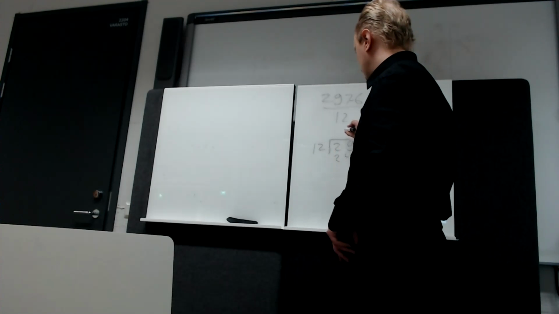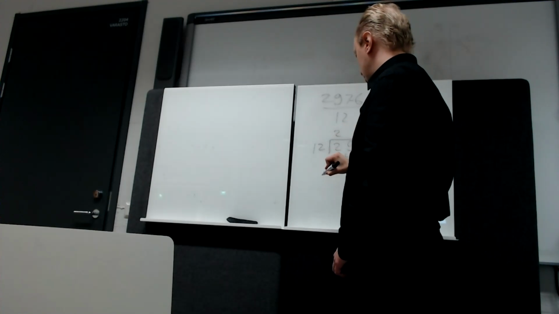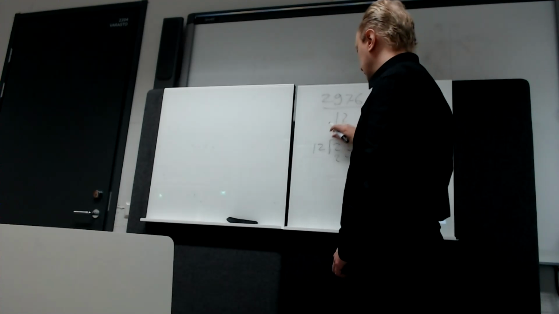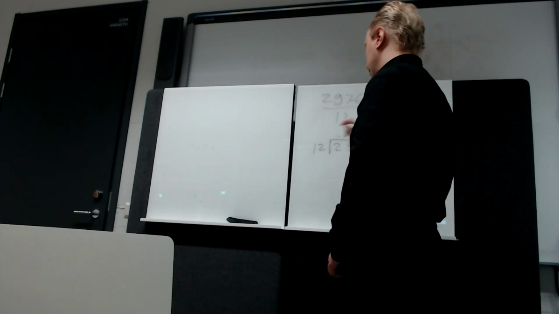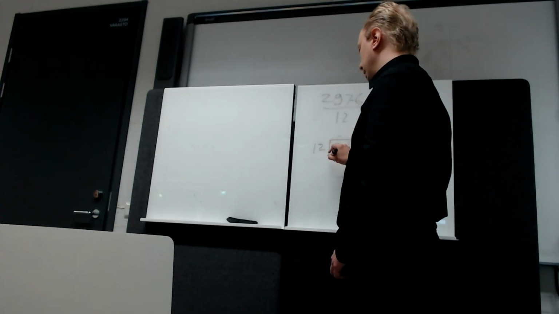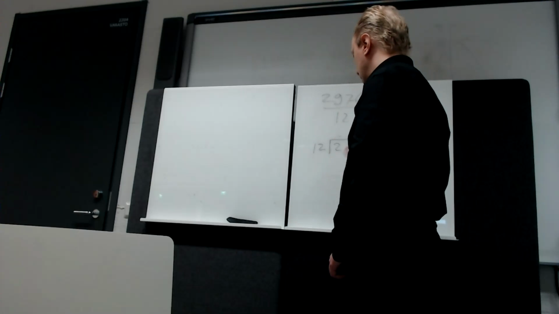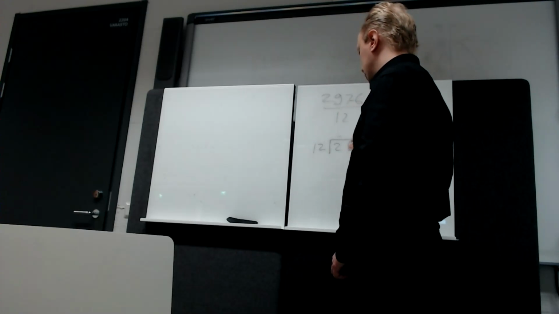We should do the 2 first, because you can't put 12 into the 2. So the first step is can we put 12 in the 2? No, we cannot. So the first one is at this point, 29.